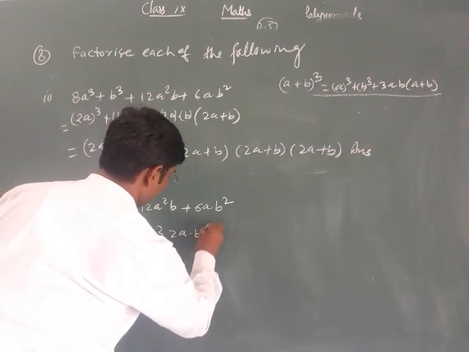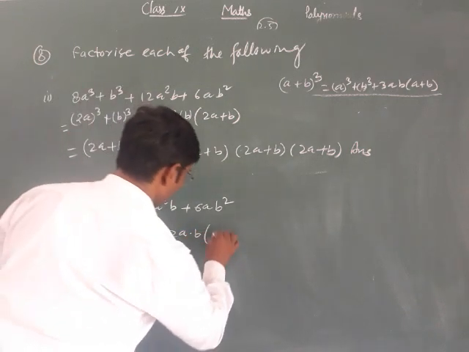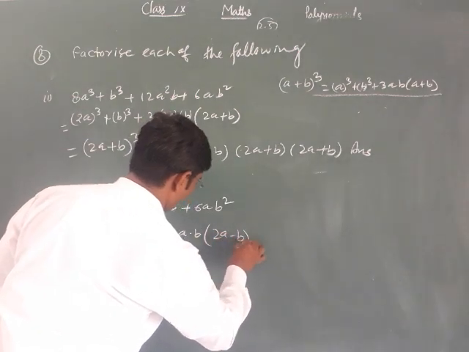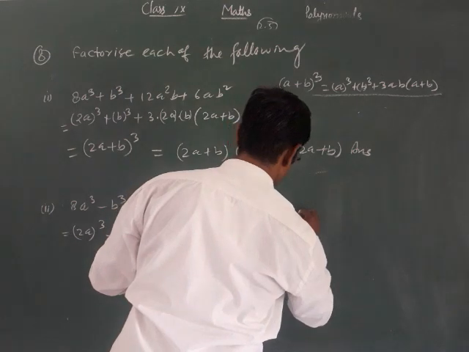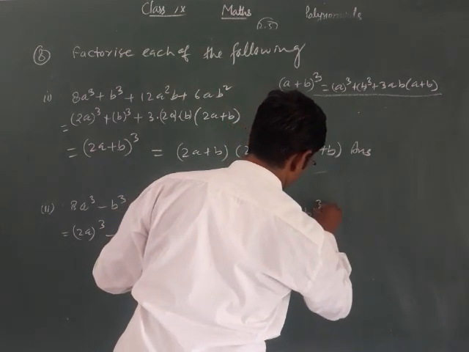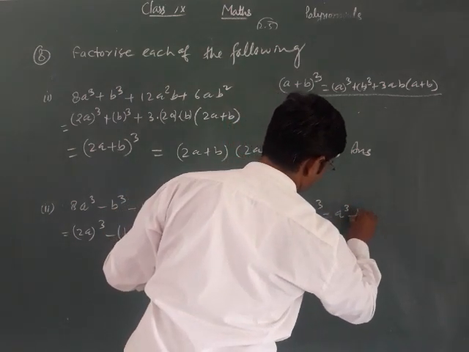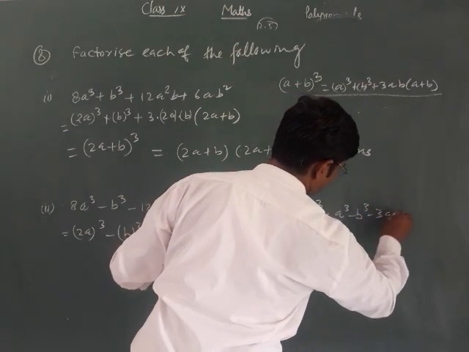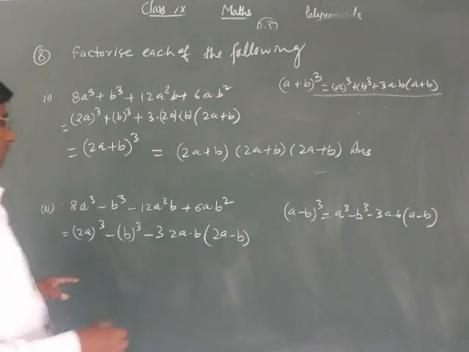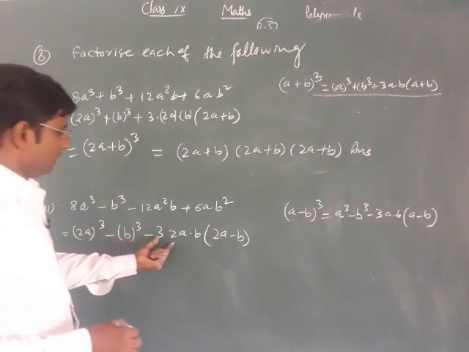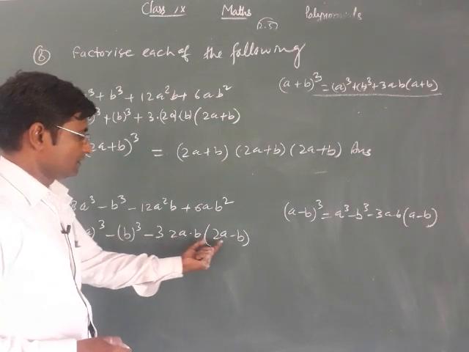And also this is (2a) whole cube minus b cube minus 3 into 2a into b in bracket (2a minus b). So now use this (a minus b) whole cube, a cube minus b cube minus 3ab in bracket (a minus b). Now multiply this in this.